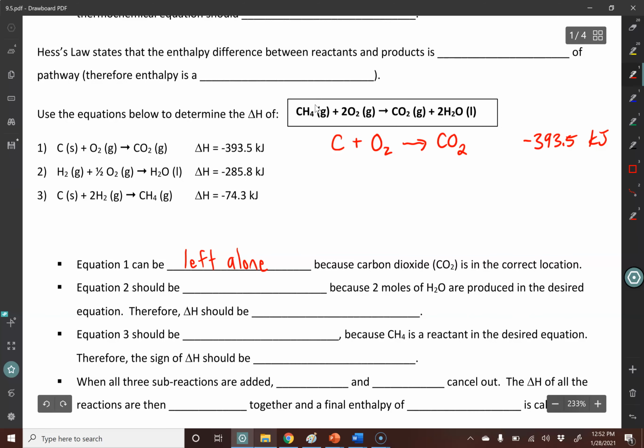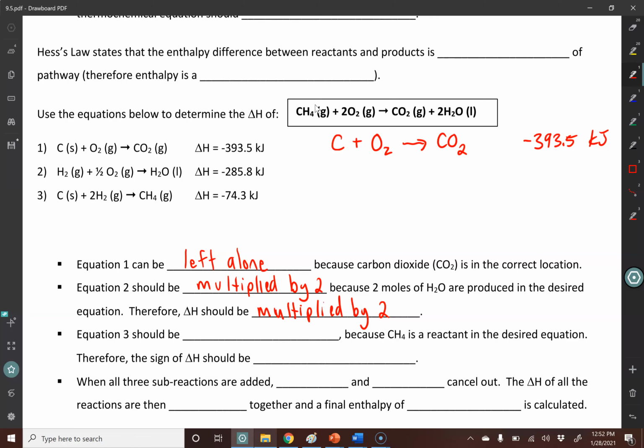So equation 2 should be multiplied by 2, because 2 moles of water are produced in the desired equation. And since we're multiplying the equation by 2, what do we have to do with delta H? Yeah, it also has to be multiplied by 2. Whatever you do to the equation, you do to delta H.